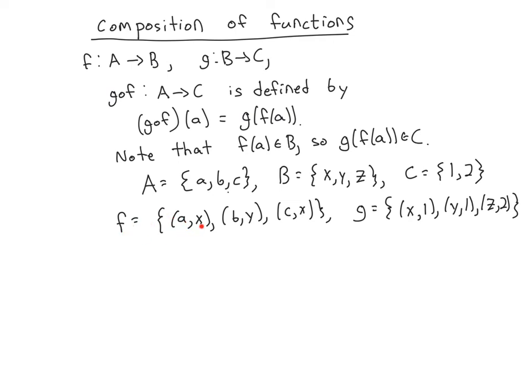So f sends a to x, b to y, and c to x. We do see that this is a function because for every element in the domain, there's a unique ordered pair with that element as its first coordinate. Similarly, we've got the function g here, and I leave it to you to check that g is also a function. And so now we ask what g composed with f is.